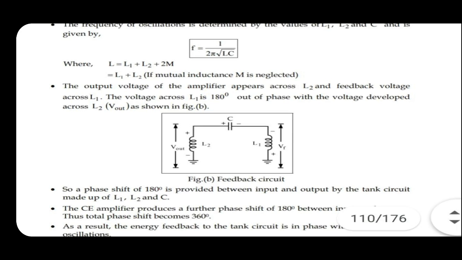L1 is in the input circuit of the amplifier, and L2 is the output circuit, which is the feedback coming from the coupling capacitor.